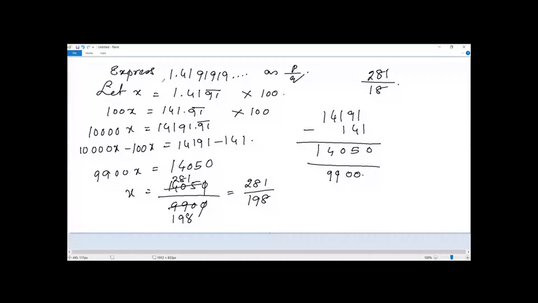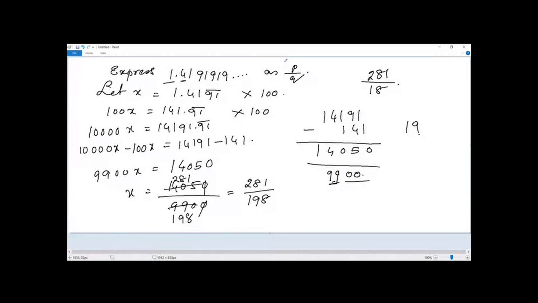See, 1 and 4 are not repeated, so you put 0. But how did you get 99? Ma'am, 9 and 1 are repeated, so we have to put two nines, ma'am. 1 and 9 are repeated, so you write two nines. Yes, ma'am, correct.